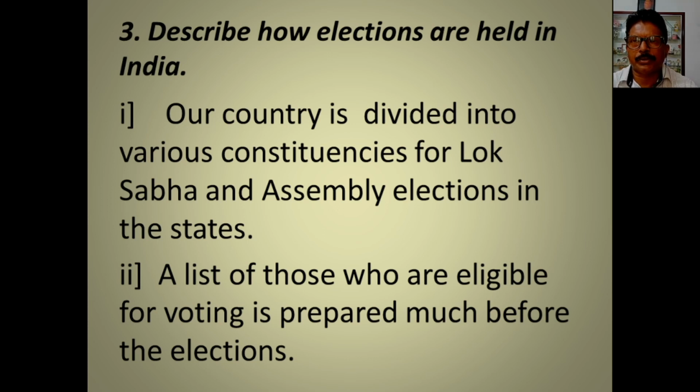We have a separate voters list for Lok Sabha elections and a separate voters list for state assembly elections. Now the government is thinking about having one list for the entire elections, whether for Lok Sabha or for state legislative assembly elections.